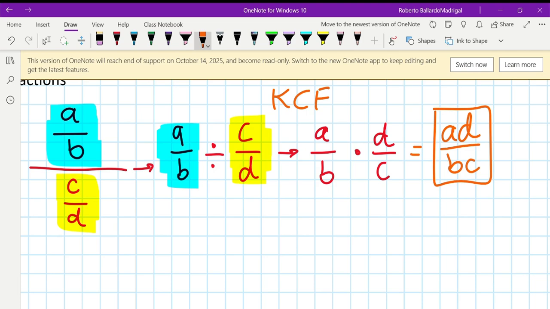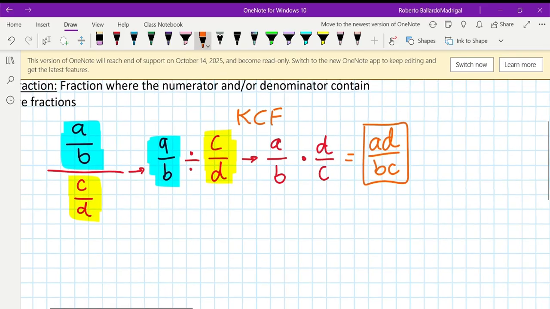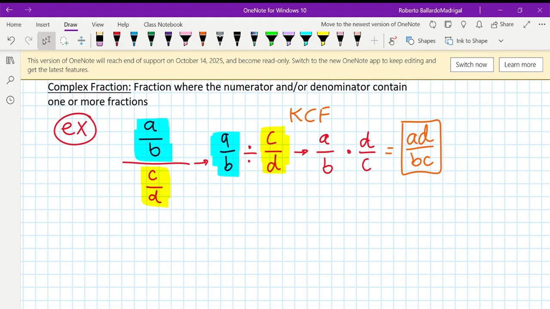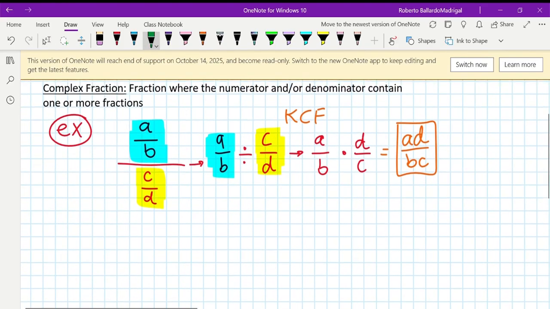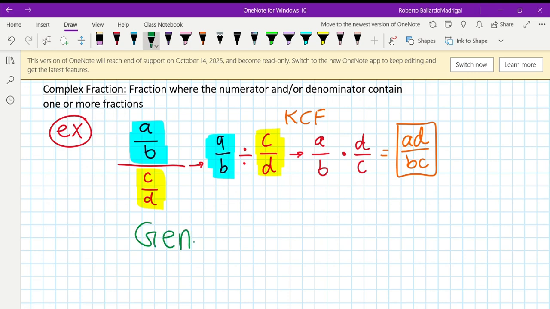So this is very general. I'm generalizing right now the steps. This is basically what the approach will be for all problems that deal with a complex fraction. But this being pre-calc, we're gonna throw some variables in there, and it's gonna start getting a little messy. But let's do a problem with some numbers. All right, so keep this in mind. I want you to refer to this. This is the general approach.